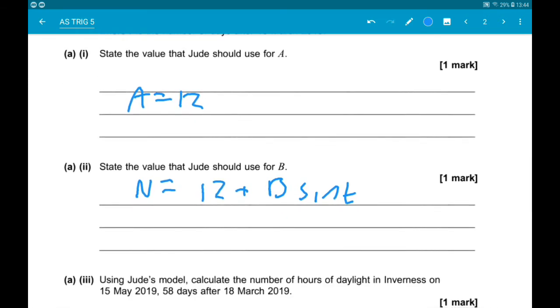So we get 18 is 12 + b sin 90. Sin 90 is 1, so we get just add b. Therefore, b is 6.